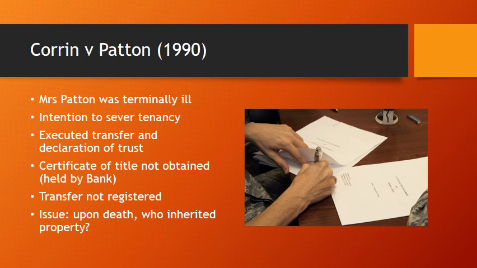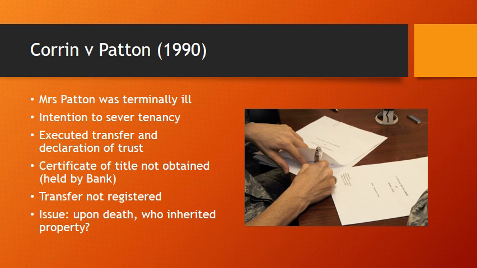So she had a solicitor come and visit, and they executed a transfer document and a declaration of trust. Unfortunately, the certificate of title was not obtained from the bank. Well, there's a little bit of history here that you need to know, that once upon a time we had these old certificates of title, which were basically paper documents which showed someone's ownership over a piece of property.